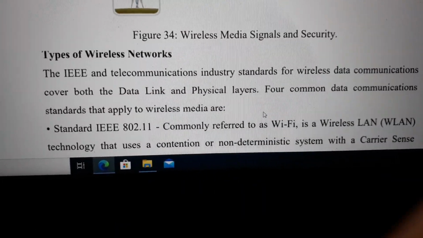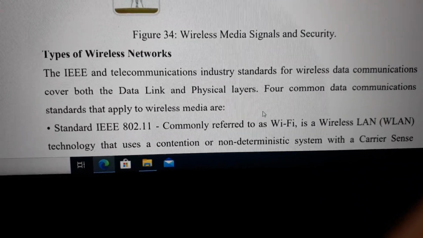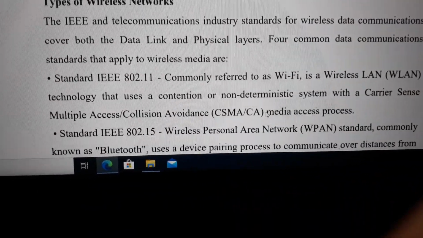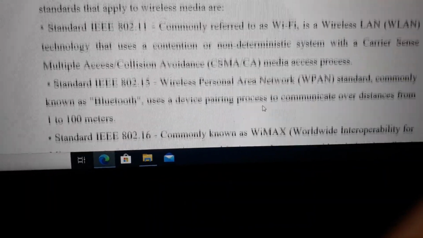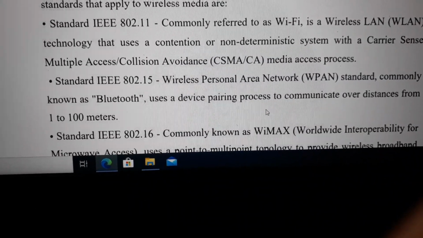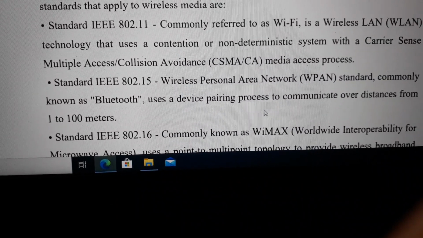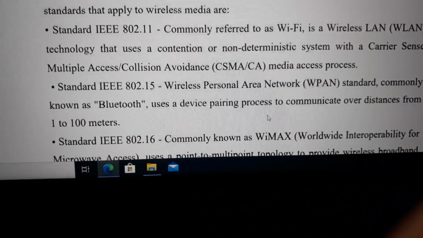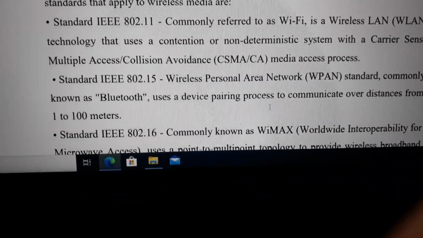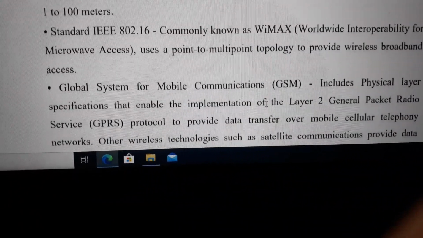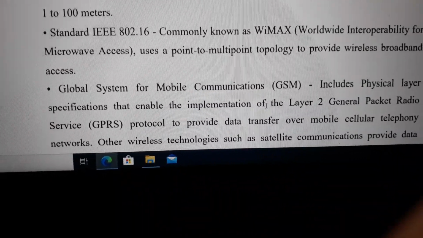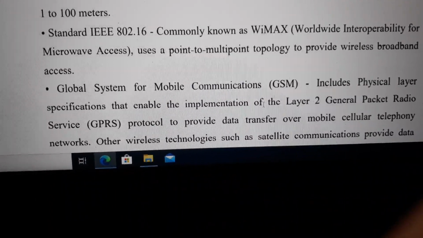Here, types of wireless network. We have here 4 types of wireless standards: IEEE 802.11, 802.15, 802.16, and Global System for Mobile Communication.